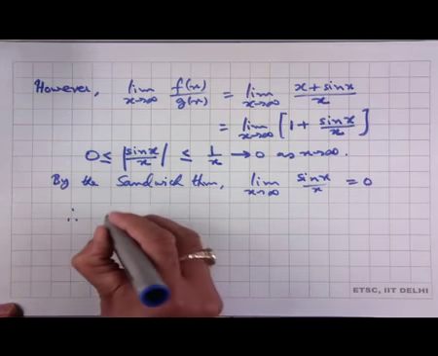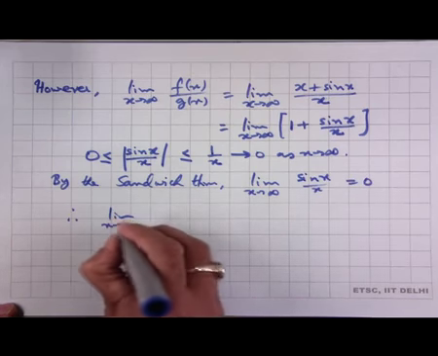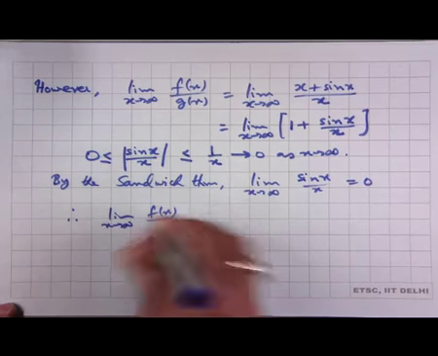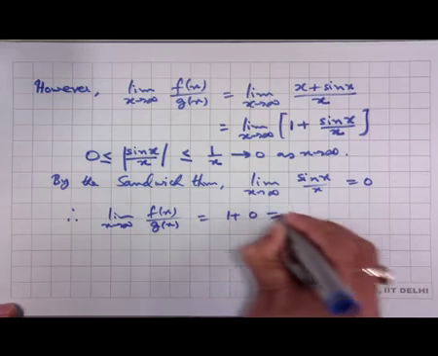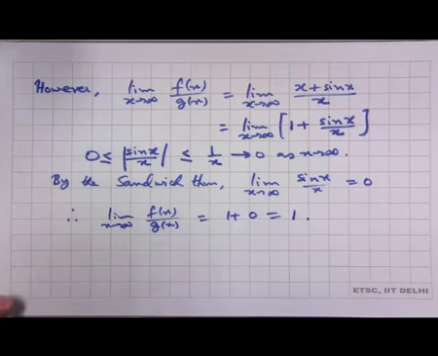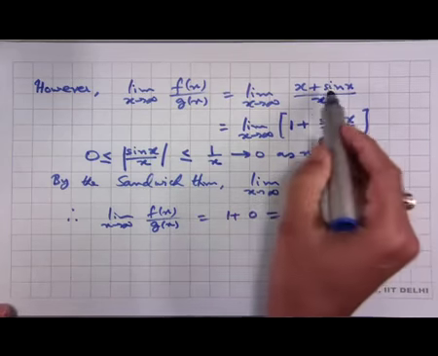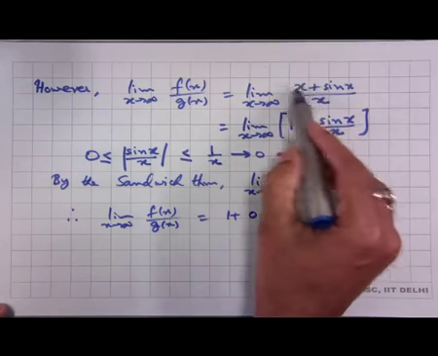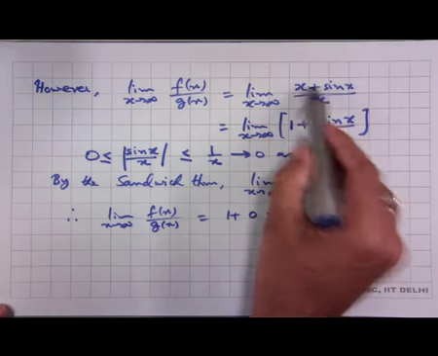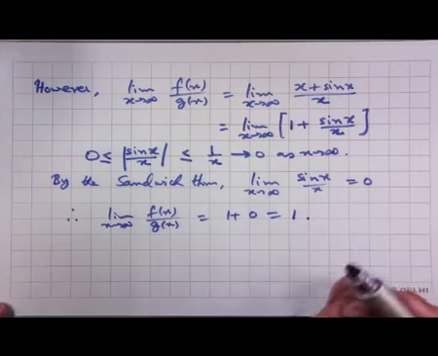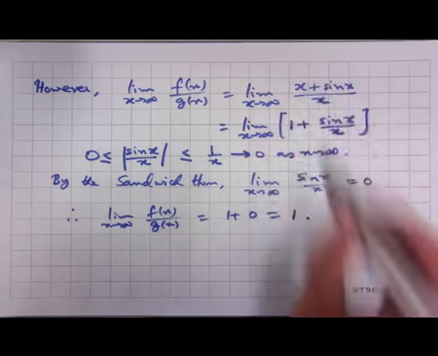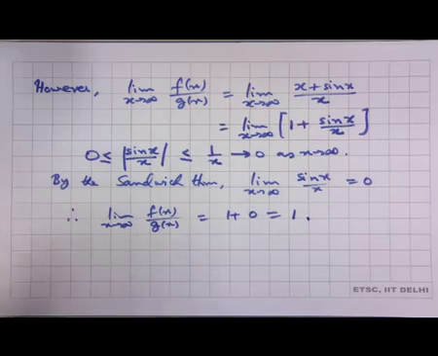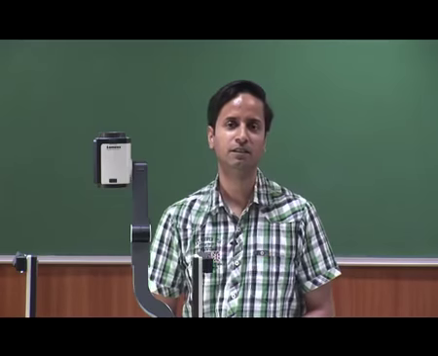Therefore, limit of x going to infinity of f x by g x is equal to 1 plus 0, which is equal to 1. Though if we directly try to use L'Hopital's rule, then we get the limit of f prime x by g prime x, which does not exist, but that does not mean that the original limit does not exist. So, with this I will stop this lecture. Thank you.